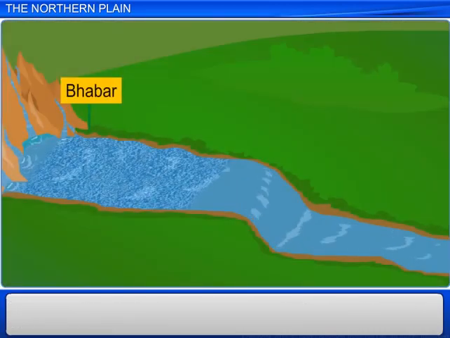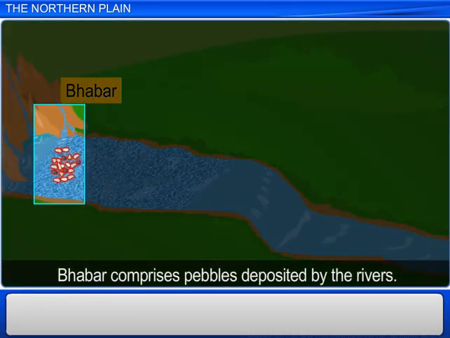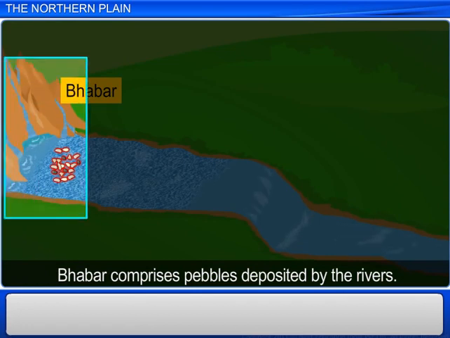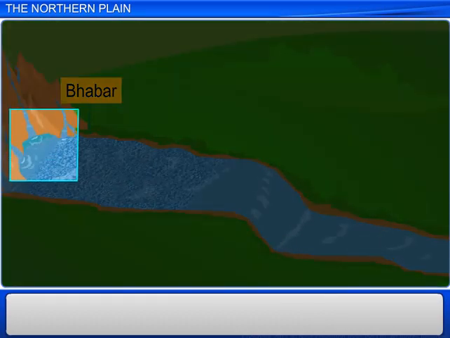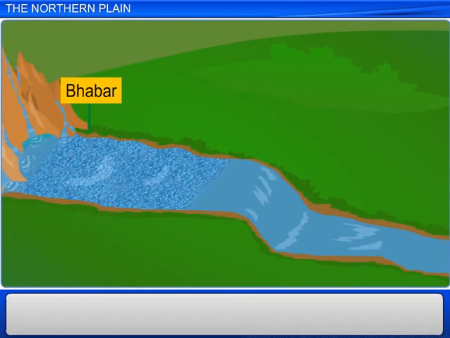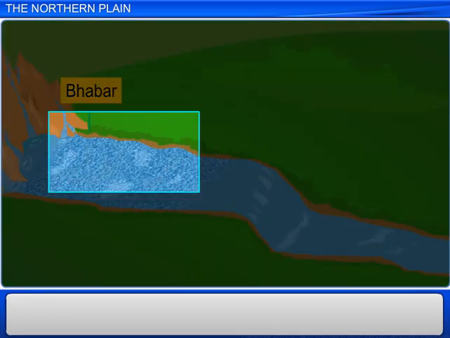This region is about 8 to 16 kilometers wide and consists of pebbles deposited by the rivers after they flow down from the mountains. Interestingly, all the streams disappear in the Bhabar belt. Therefore, the level of groundwater is very deep here.